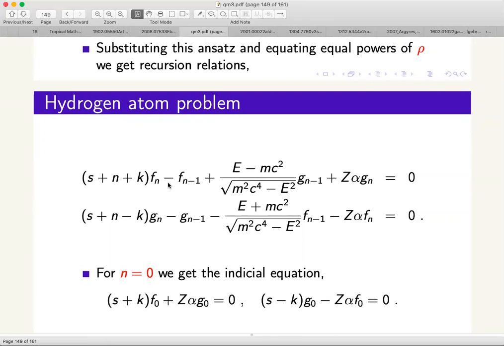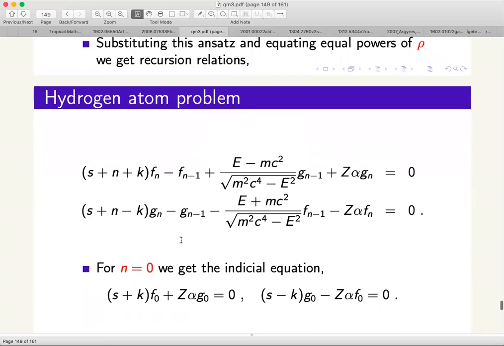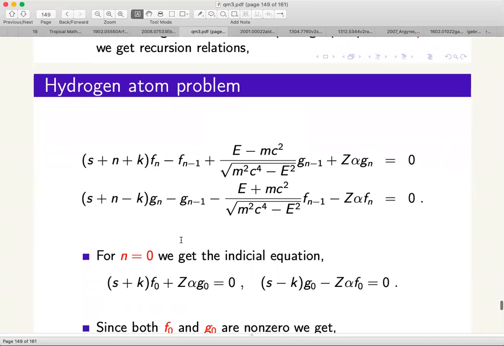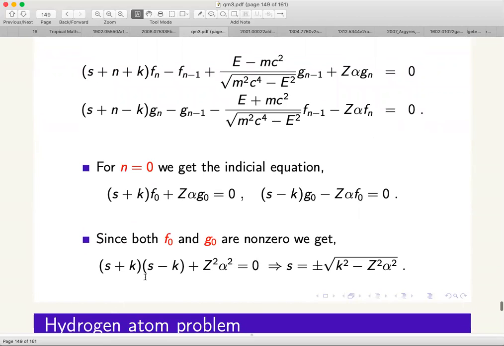You write down a 2 by 2 matrix acting on the column vector (f0, g0), and then you set the determinant to 0 to get the answer. So that doesn't depend on the column vector. Because they are non-zero, you get this determinant, and you get s to be plus or minus square root of k squared plus z squared alpha squared.